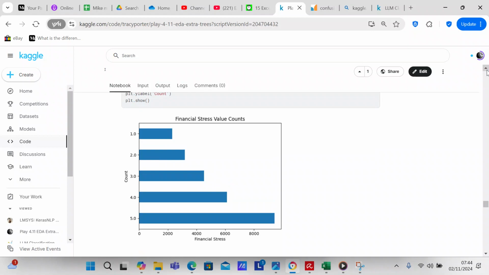So I think it was a very interesting exploratory data analysis, and I think it only relates to people in India, especially with the social construct.